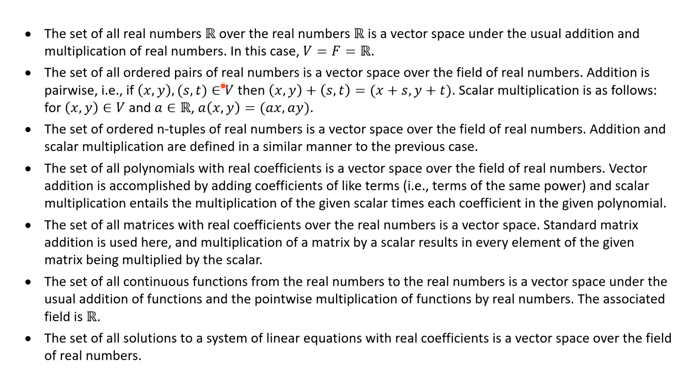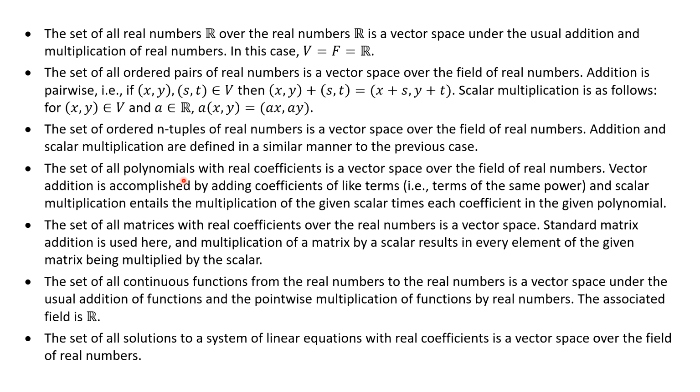And you have similar in 3 dimensions. I mentioned here n dimensions. The set of ordered n-tuples of real numbers is a vector space over the field of real numbers. Addition and scalar multiplication are defined in a similar manner to the previous case here. So if you just had more elements in your tuple, you would just add them component-wise, and the same thing for scalar multiplication.